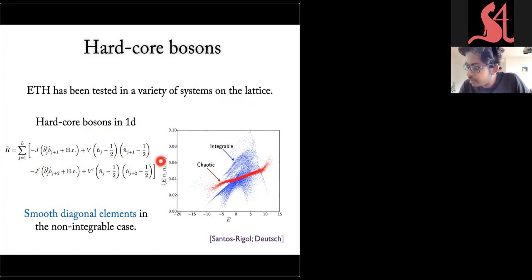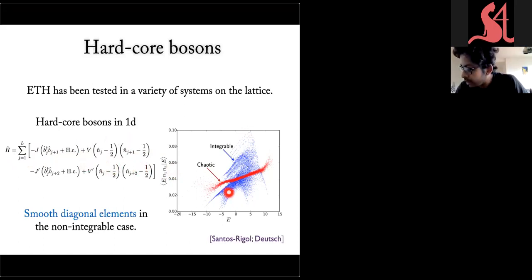If you just consider the first line, it is actually an integrable Hamiltonian. Then you can look at the matrix elements of a 2-point function. This is the number operator at site 1 and the number operator at site 2. Then you look at the diagonal matrix elements, and you'll see this scatter plot. This blue scatter plot is for the diagonal matrix elements of this integrable Hamiltonian, which is just the first line.